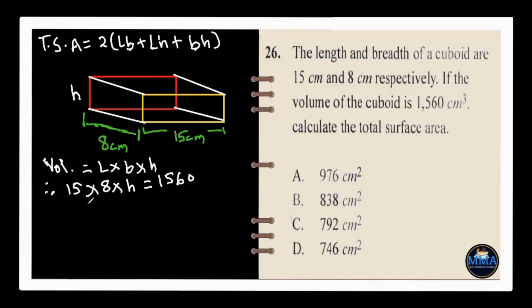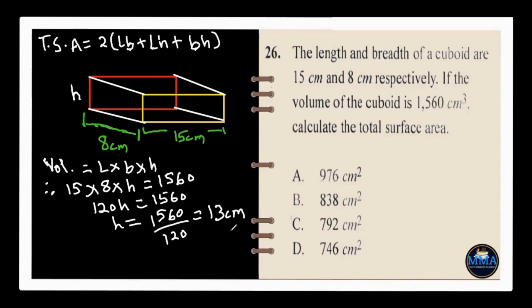And this will give 120 here. 1560. So if we divide both sides by 120, we are going to have 1560 over 120. And if you use your calculator, which is allowed here, you get 13 centimeters, and that will be our height. So we have 13 centimeters.